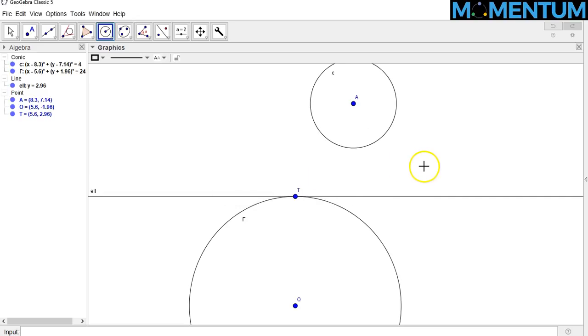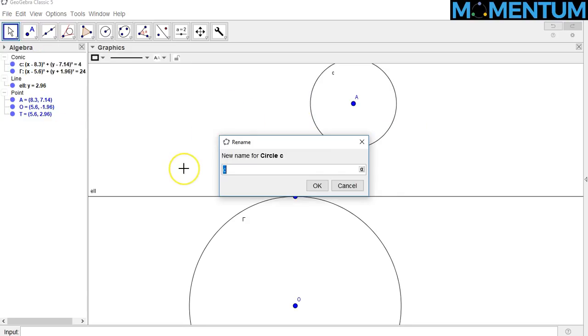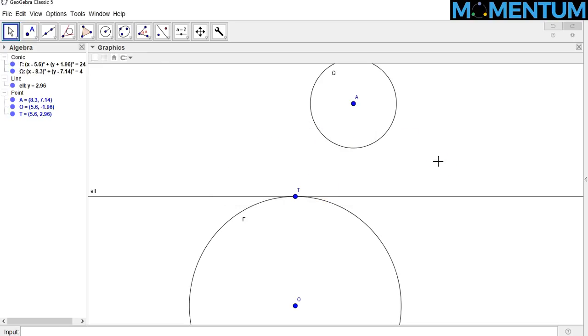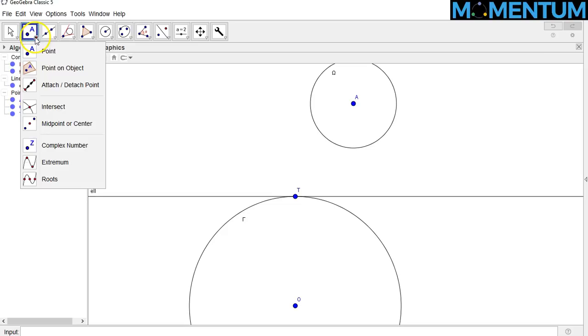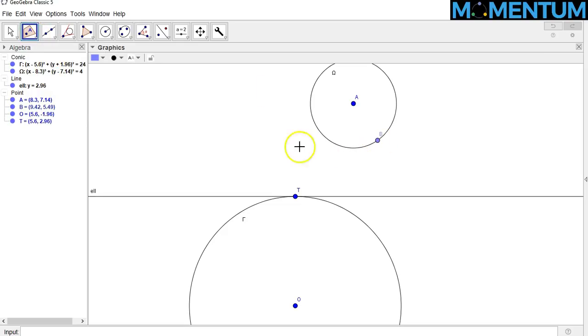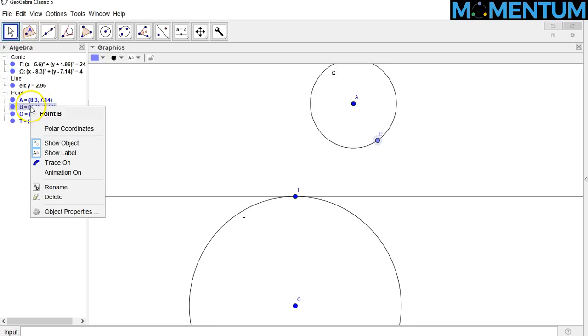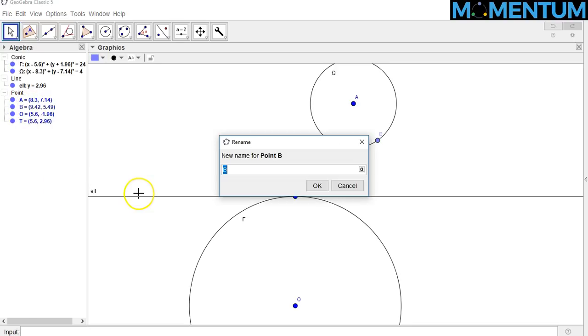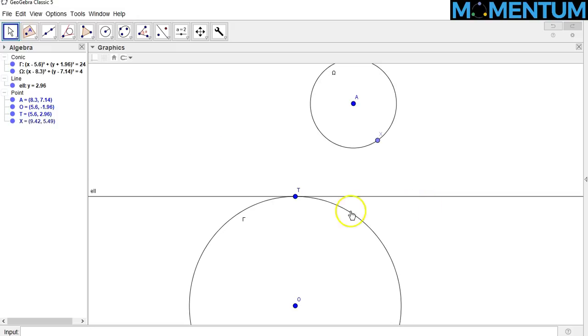And that circle is called omega, so let's rename that circle as omega. So next we are told to pick a point on this circle omega, so let's go ahead and do that. There you go. And we call this point apparently X. Rename it as X.